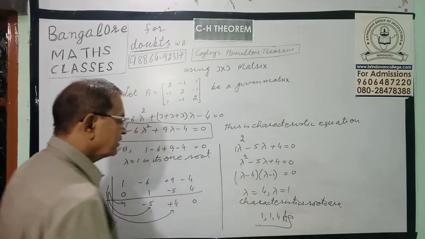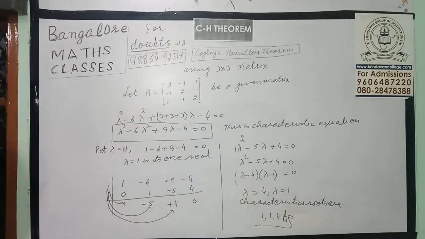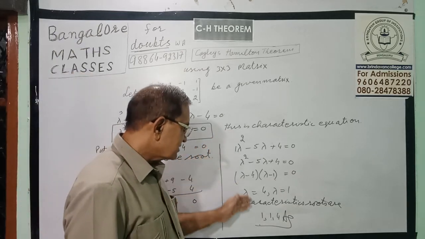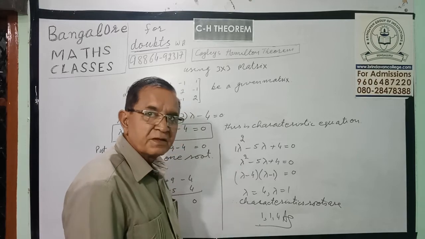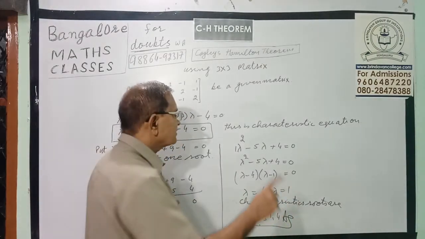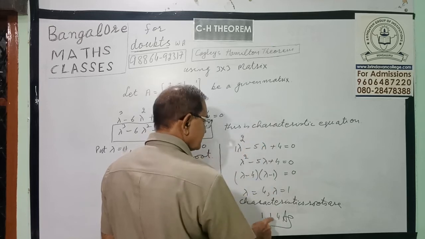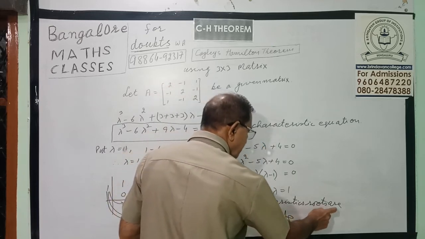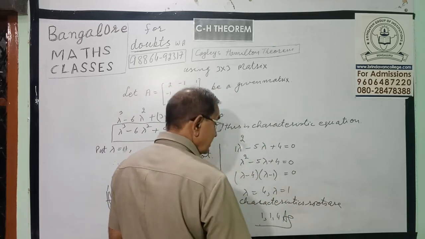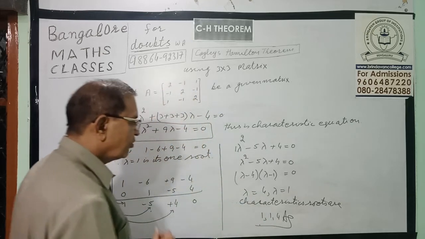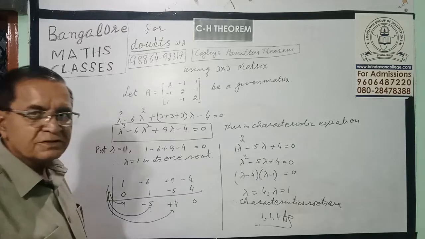Like that we can find the characteristic roots. If he is asking only for the characteristic roots, you have to solve up to this. If he is asking for the characteristic equation, it is over at the earlier step. If he is asking for the Cayley-Hamilton theorem, then how will we do it? I am going to teach you this now.